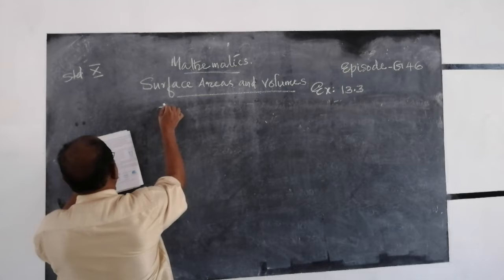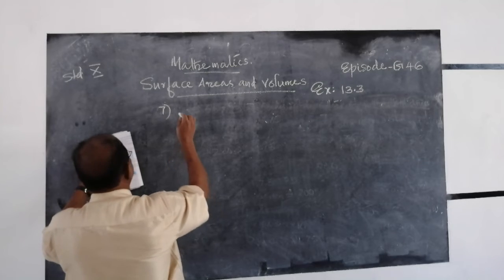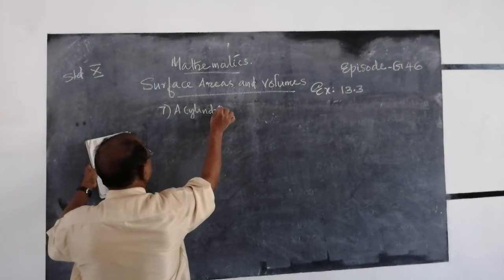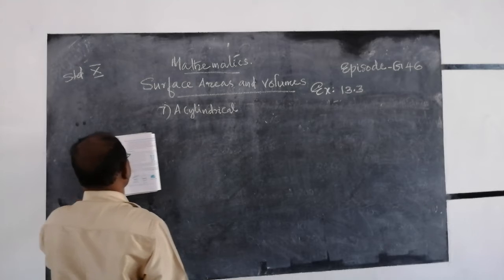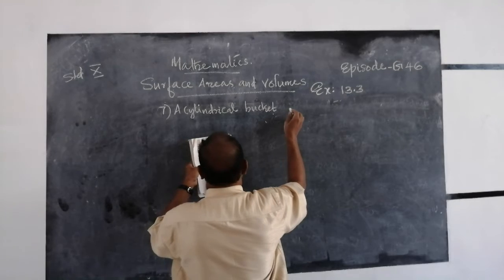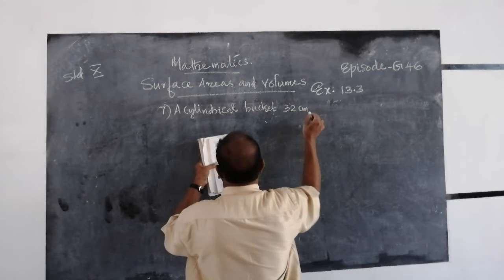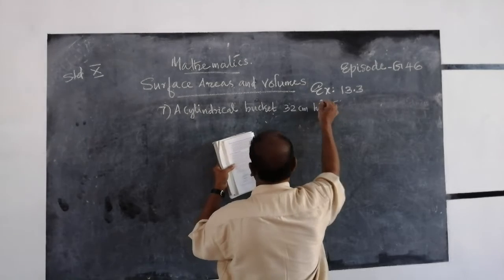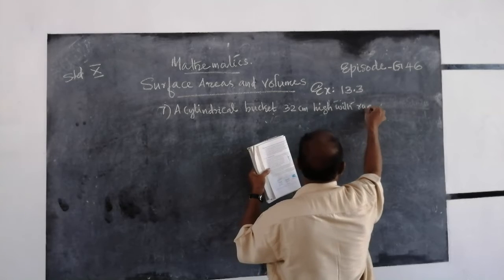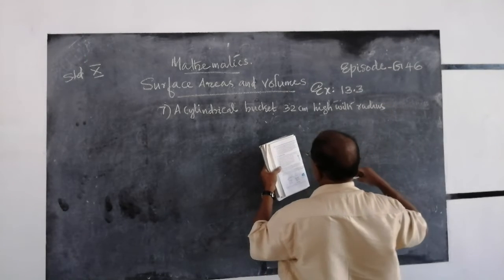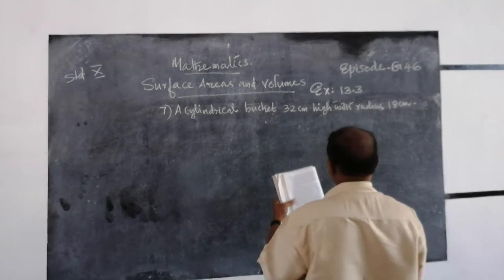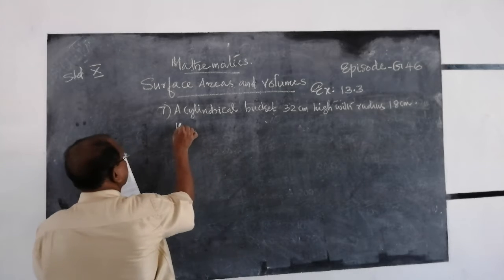Then question number 7. A cylindrical bucket 32 centimeter high with the radius 18 centimeter is filled with sand.